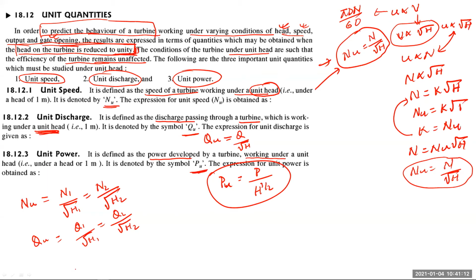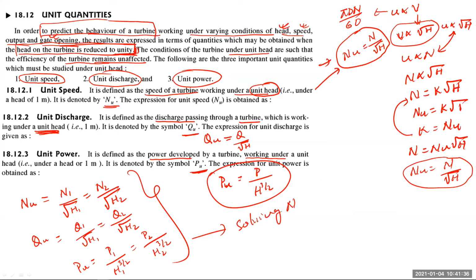And the third equation that you have to remember is Pu equals P1 upon H1 raised to the power 3 by 2 equals P2 upon H2 raised to the power 3 by 2. So these three equations you have to remember for solving numericals. Basically, this definition is asked, and along with the definition, you have to write these three equations. That's it, you will get full marks.